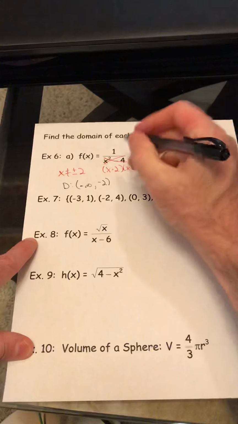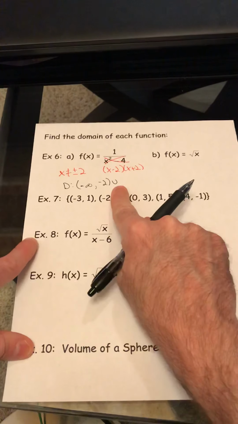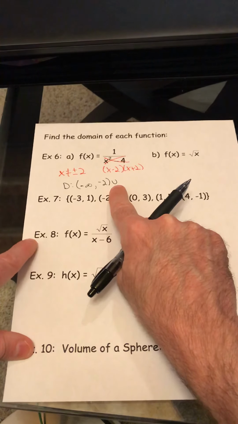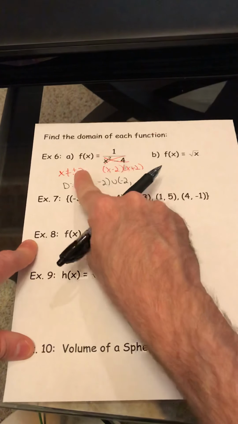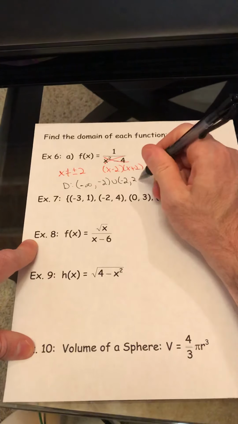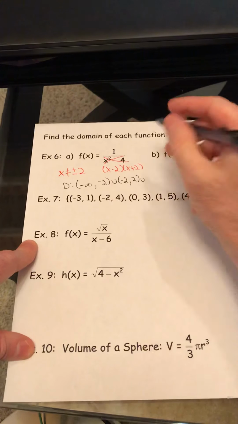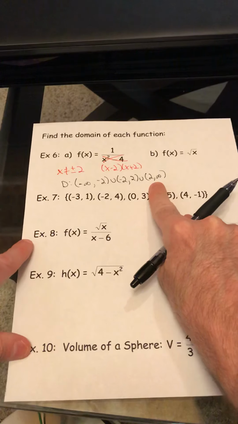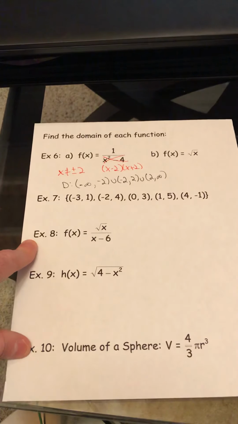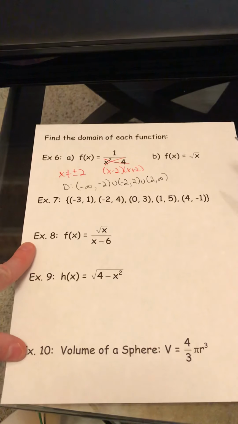We use parentheses. Then to include our next interval, we'll use a union from negative 2 until positive 2, and then one final interval from 2 to positive infinity. So there is the domain for example 6.